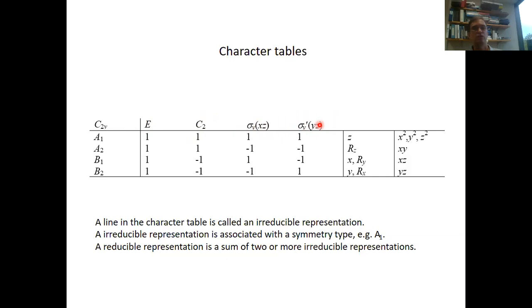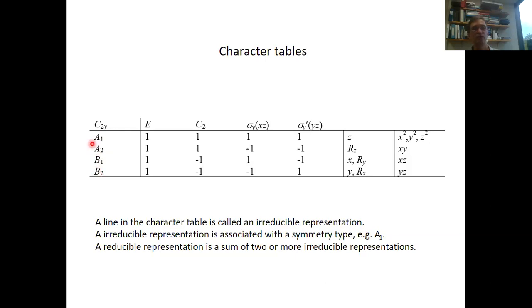Okay, so now you see here underneath C2v different symbols. These different symbols represent different symmetry types that irreducible representations in that respective character table can have.